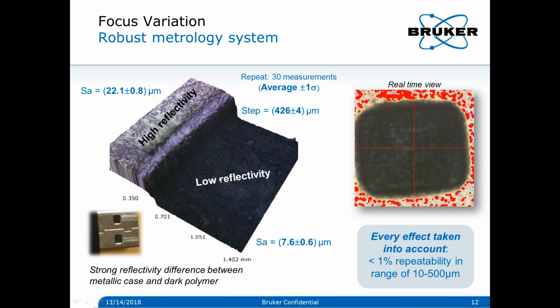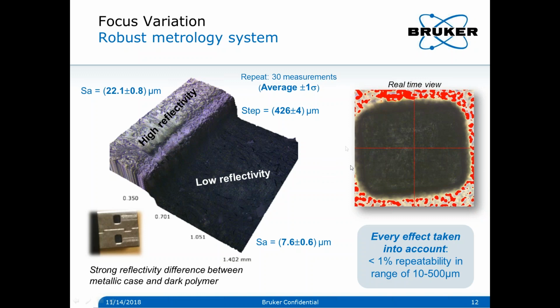This is an optical technique, so we all know that at some point a high difference of reflectivity may lead to some issues. So one of the tests done here is the USB memory stick, where we have a bright reflective metallic case together with carbon black polymers with low reflectivities.